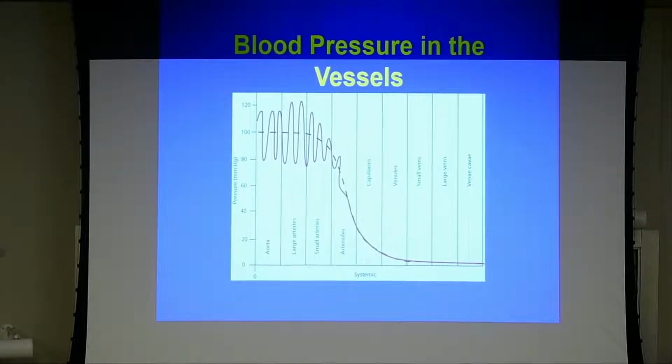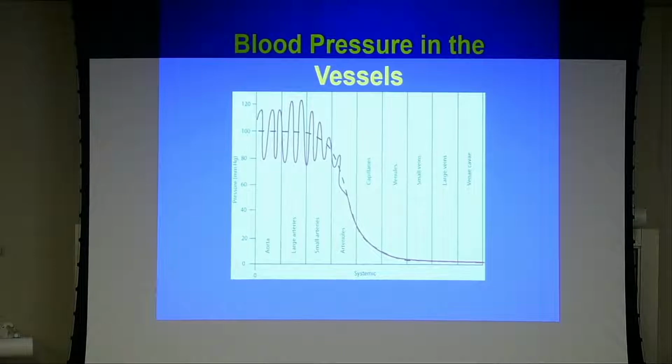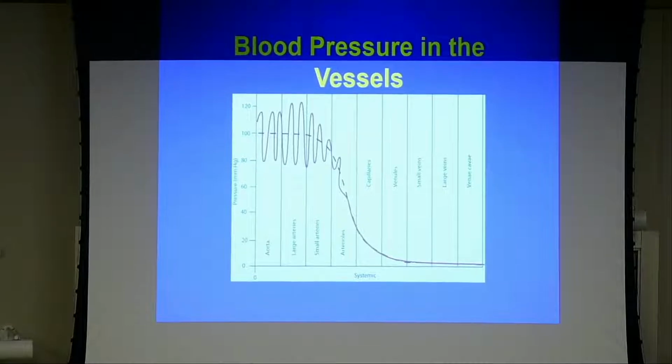Now, it's true there's going to be a certain amount of elasticity we'll talk about with the elastin around these big tubes. So they'll expand with that activity, and they'll then impart a little bit more force back during diastole. But still, we see this pulsatile arrangement of the blood going out into the tubes.